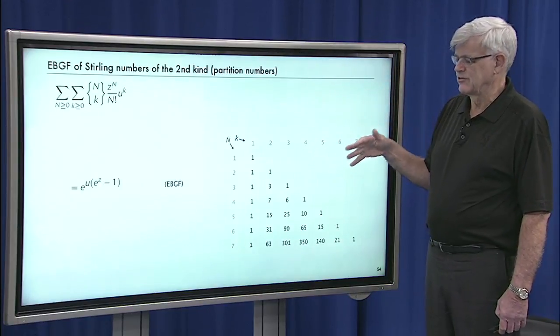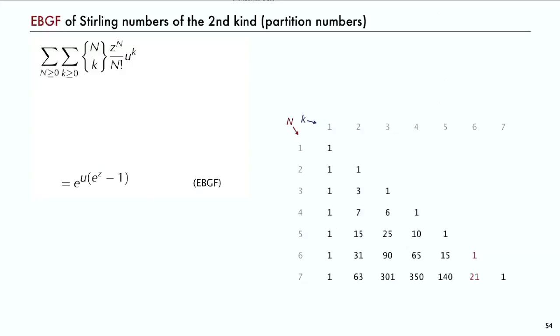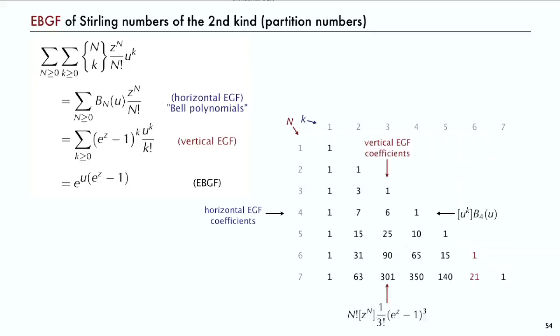Actually, this is the Stirling numbers of the second kind, this exponential bivariate generating function. We had an ordinary bivariate generating function for the same numbers. The horizontal is the Bell polynomials, but now we divide by n factorial.